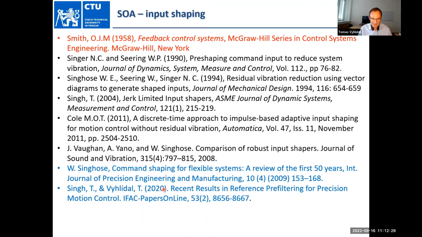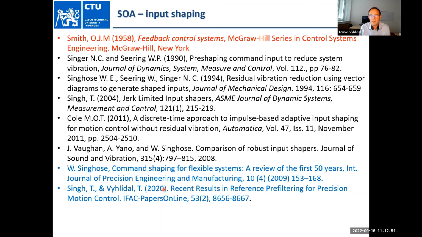The theory and the use of input shapers, or the problem, has been handled for quite a long time. First Otto Smith worked on it in the late 50s.